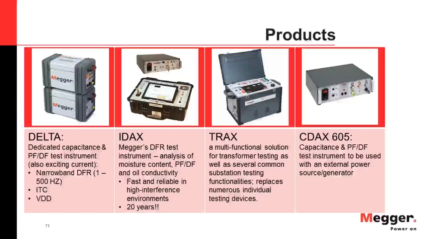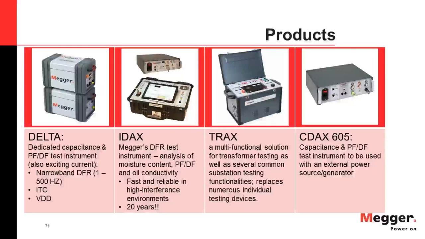And we're really excited about how this instrument has more or less grown up or evolved in its incredible performance characteristics today. One more over to the right is the TRAX, and that's our multifunctional solution for transformer testing, as well as provides several common substation testing functionalities on breakers, instrument transformers, and protective relay components. It's actually not just another multifunctional test instrument, but rather many intelligent instruments built into one box.